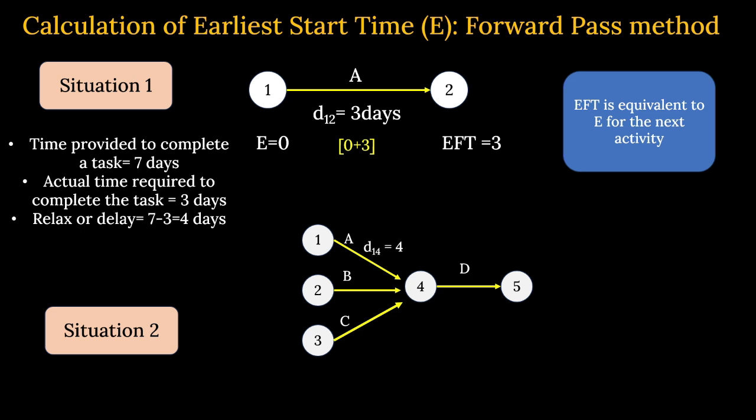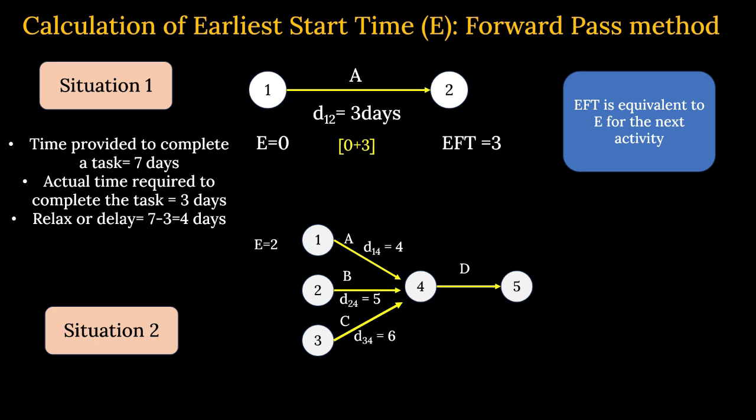Now activity A duration is 4 days. Activity B duration is 5 days, and activity C duration is 6 days. Now let us consider that the earliest finish time of the earlier activity is 2 in case of A. That means A can start on the 2nd day. It is the earliest finish time of the previous activity, the predecessor.